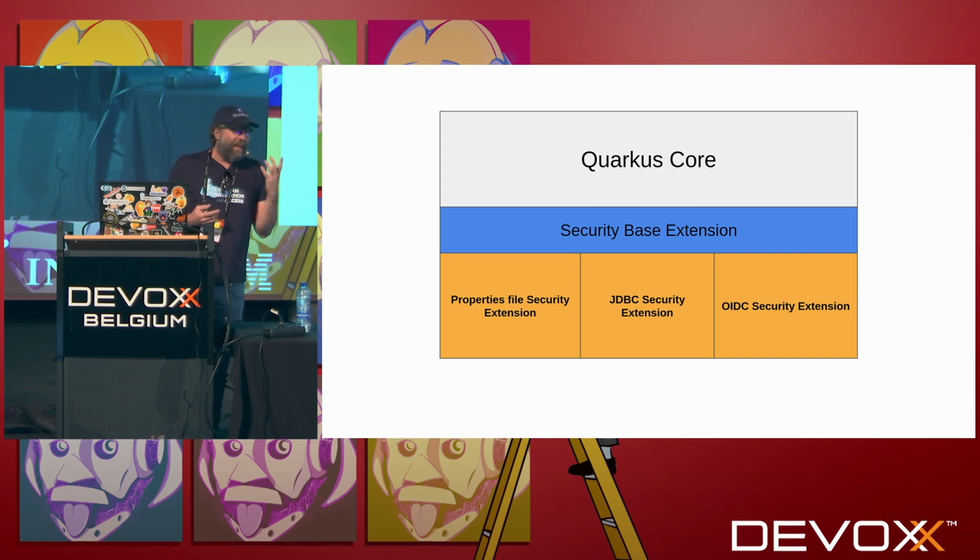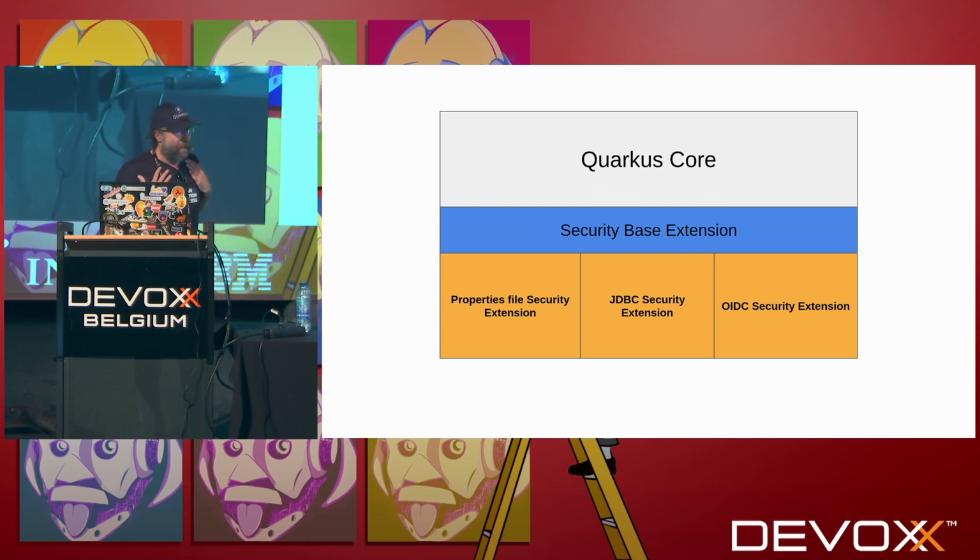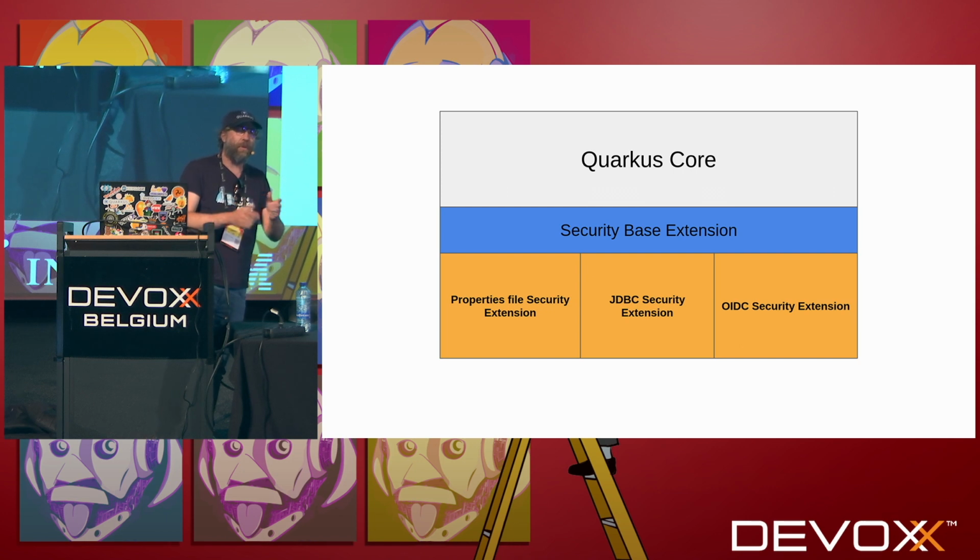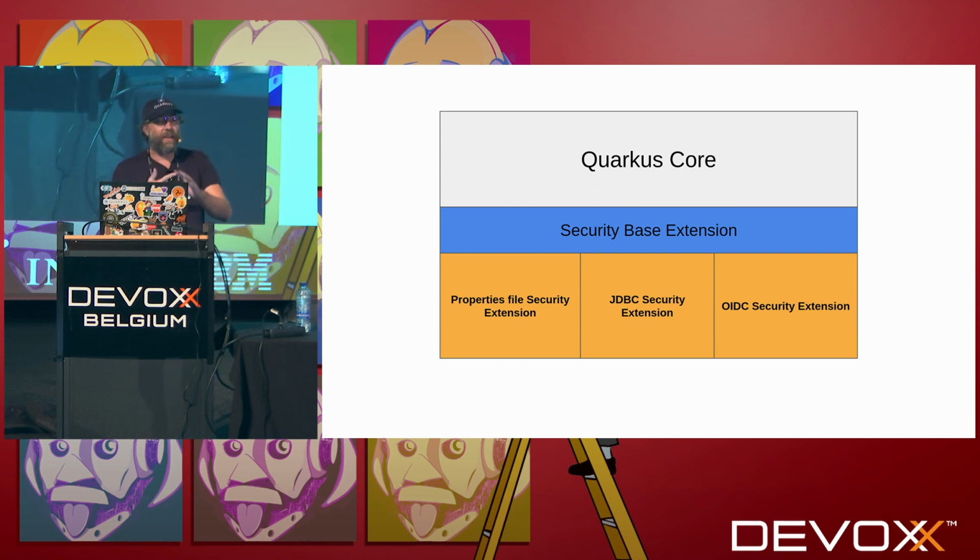There might be some valid use cases to do that, but my personal feeling about it is that if you can, please try to delegate your security to a third party, to a server that will manage the authentication, the authorization, and the management of the users for you.